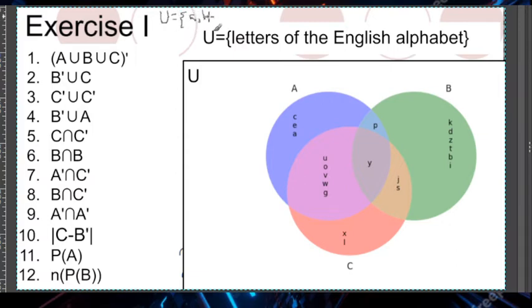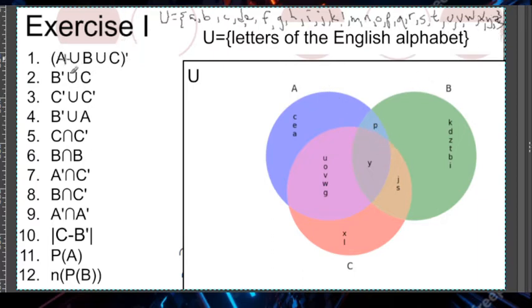That's going to be A, B, C, D, E, F, G, H, I, J, K, L, M, N, O, P, Q, R, S, T, U, V, W, X, Y, Z. Got a lot of space over here, like no space over here.